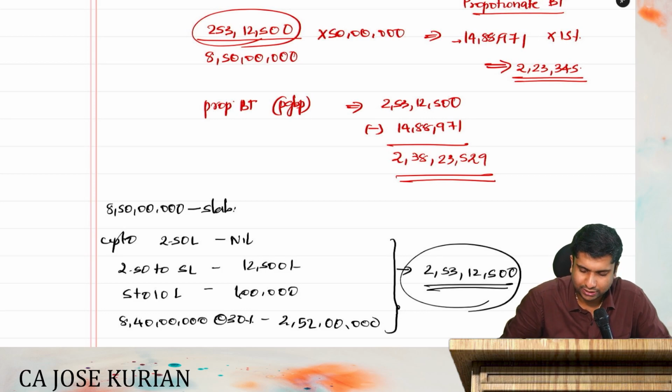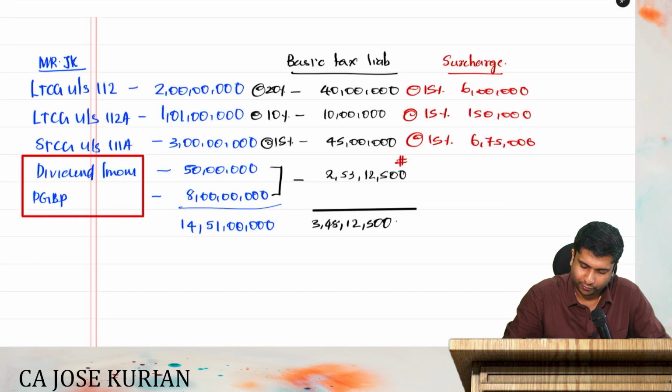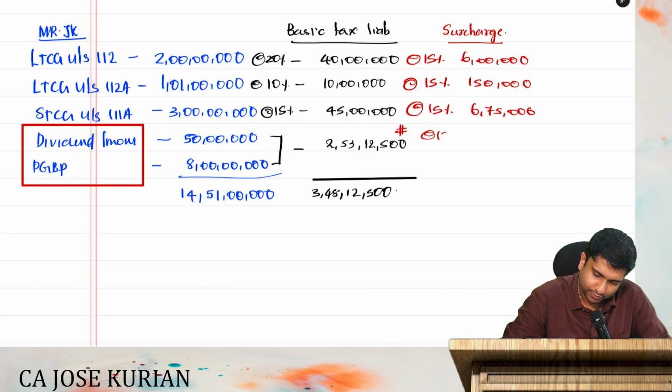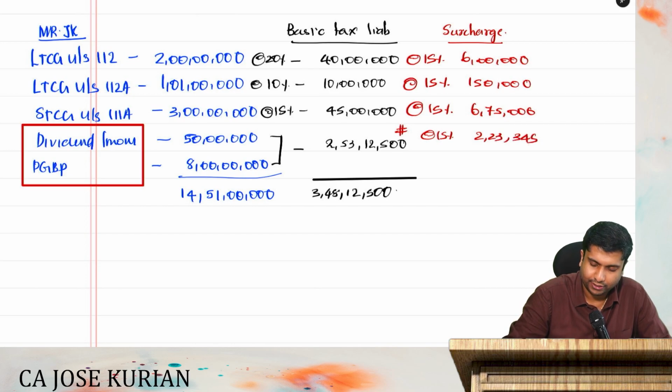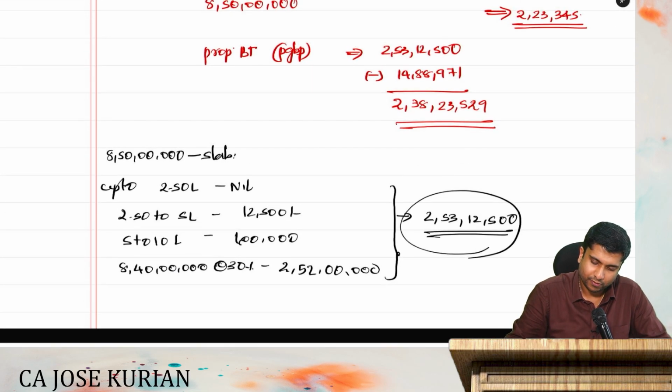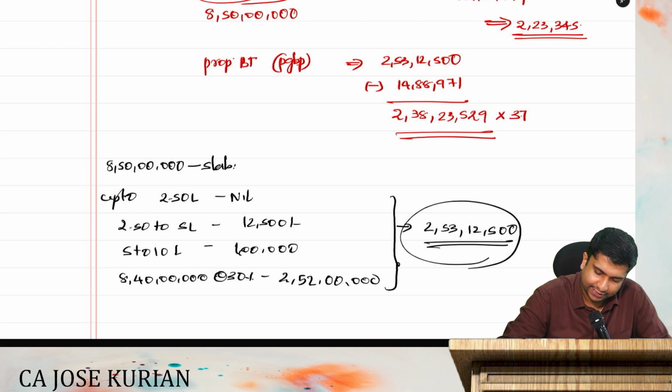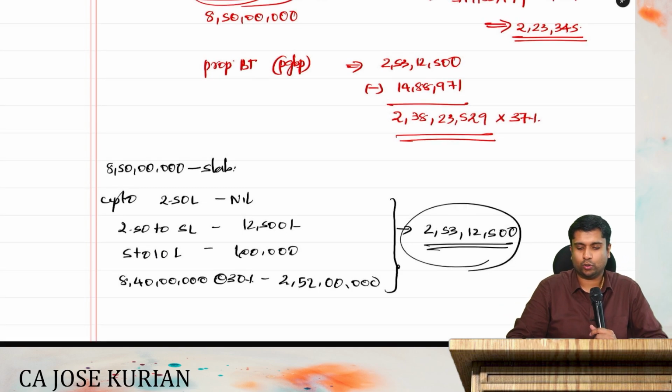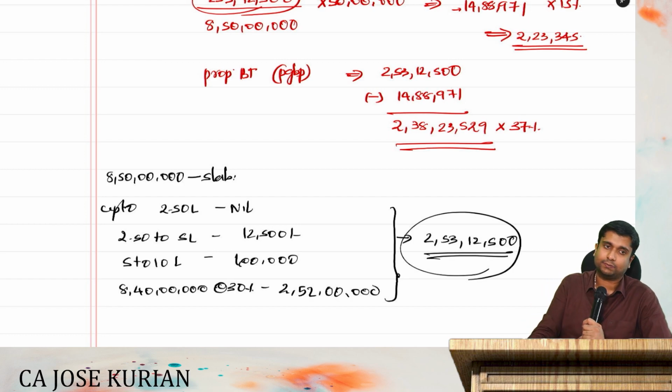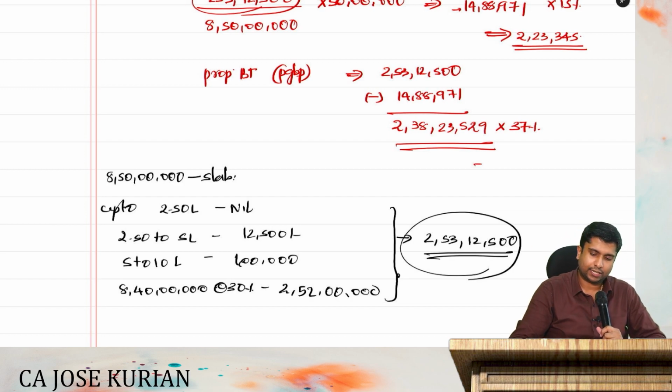No problem, 346.45, it's fine. 223,345. So we'll write it here. And on PGBP income, this is subjected to 37%. That 2 crore 38,23,529 is subjected to 37%. And tell me how much will be the surcharge liability there?